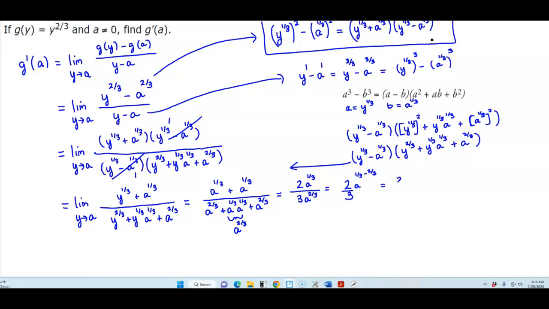That's equal to 2/3 a to the negative 1/3, or we would say 2 over 3a to the 1/3. And therefore that would be our result.